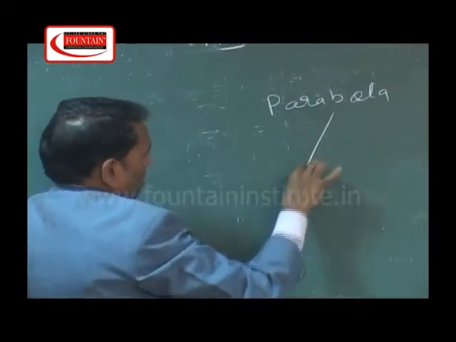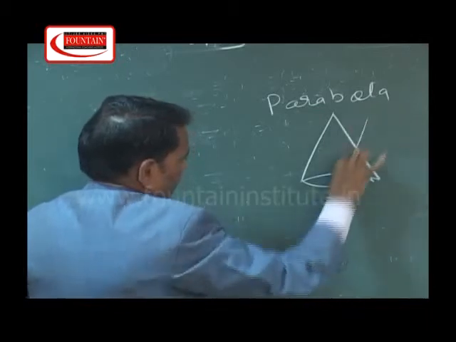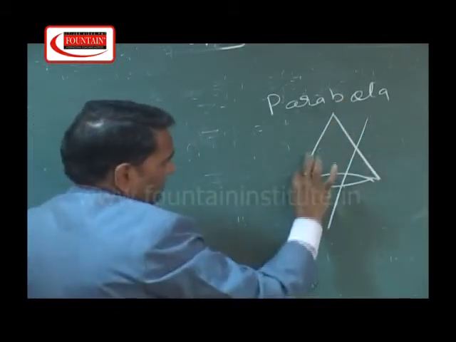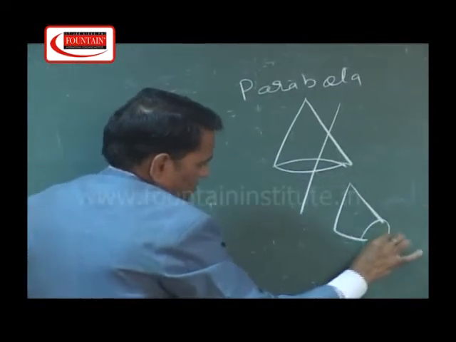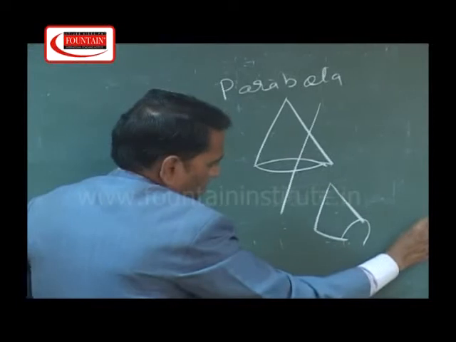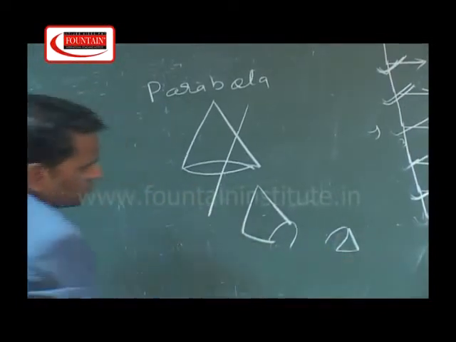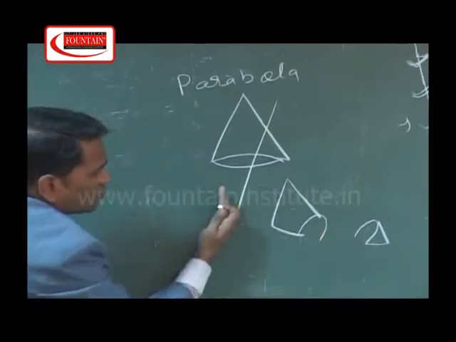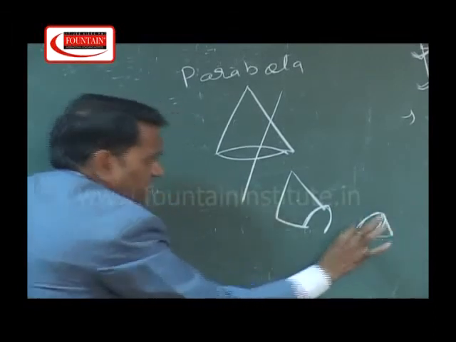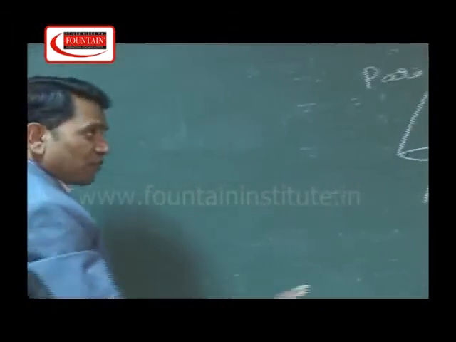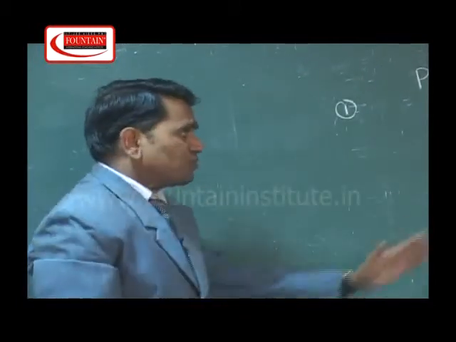I mean to say that when a cone is cut transversely, you may derive the remaining part, this upper part and this lower part. These two parts, the shapes of this portion or this portion, represent a parabola. So the formation of parabola is this way.